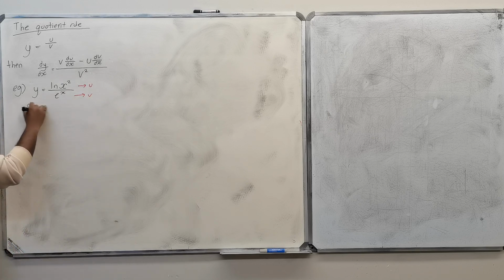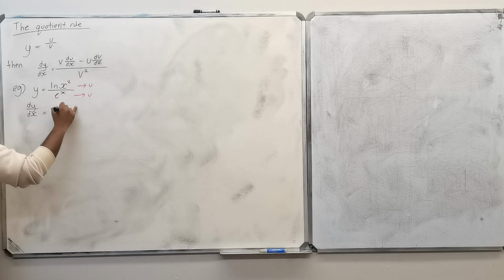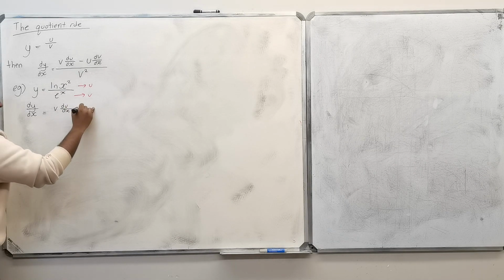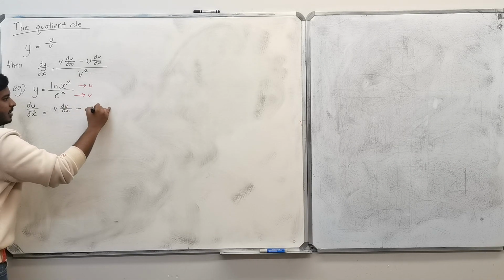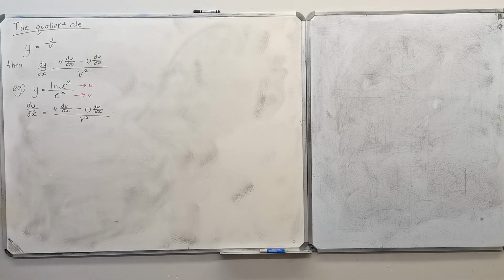The quotient rule is v times du over dx minus u dv. They give you these rules on the data sheet, next to the derivative table. They have the quotient rule, the product rule, and the chain rule.